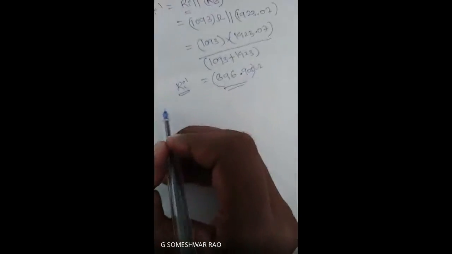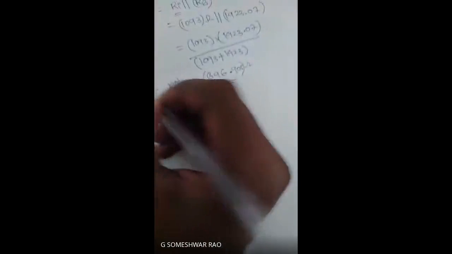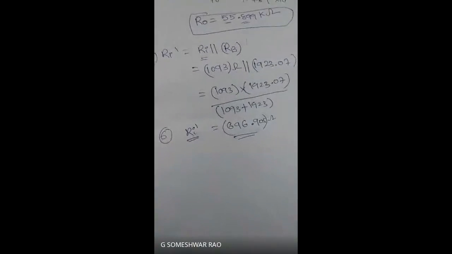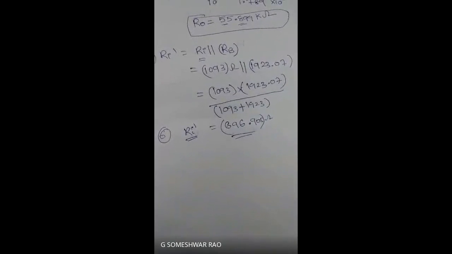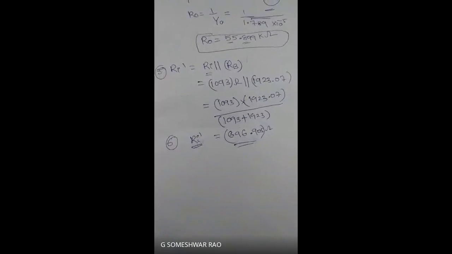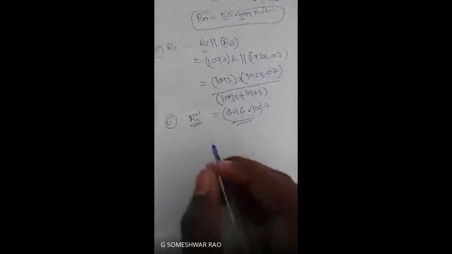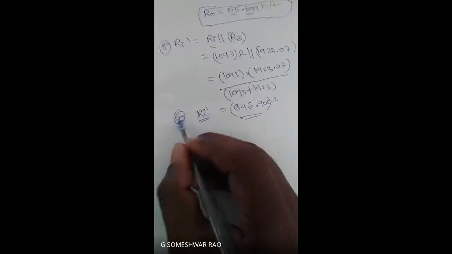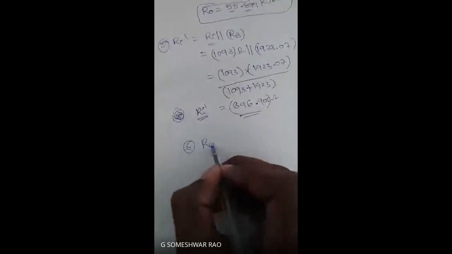Similarly, I hope this must be the fifth parameter, and the sixth parameter we are going to get. Sorry, the sixth parameter should be R naught dash. Tell me what is R naught dash.